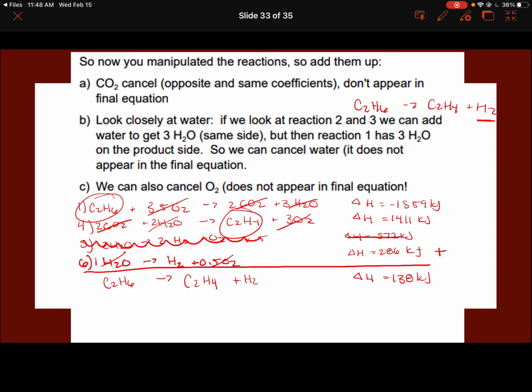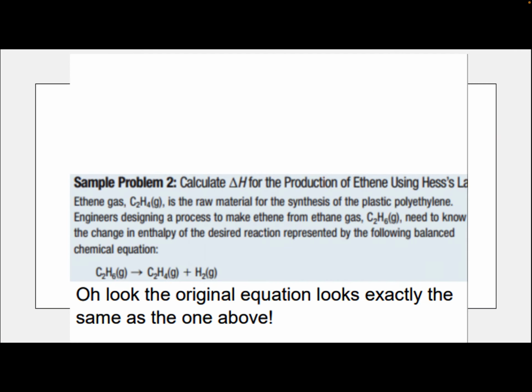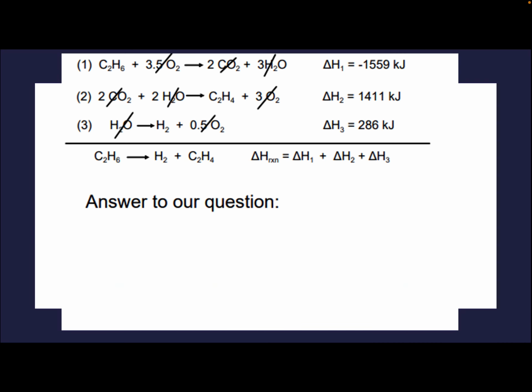So therefore, if we compare this originally to our beginning equation, we will find that that is the correct equation that we had at the very beginning, and therefore it works out. So looking over everything, once we canceled everything out, we added everything together, and we got our answer. So our change in enthalpy is 138 kilojoules.